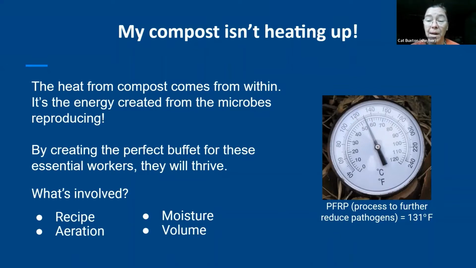Also making sure they have the right amount of air, just like you and I, and the right amount of moisture, just like you and I, and then also volume. If there's not enough volume, there's not enough mass to actually get the whole process going. So we're going to get into some of those details.